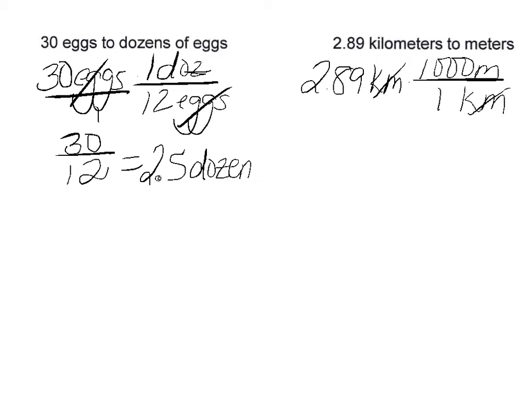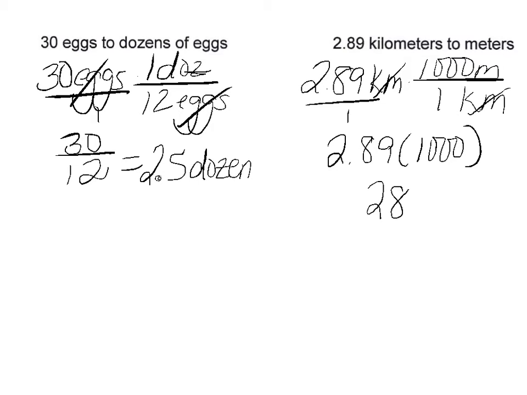You're just multiplying 2.89 times 1,000. Can you do that in your head, maybe? Yeah, you just move your decimal point 3 spots, 2,890 meters. And if I'm going too fast, just pause it, okay?